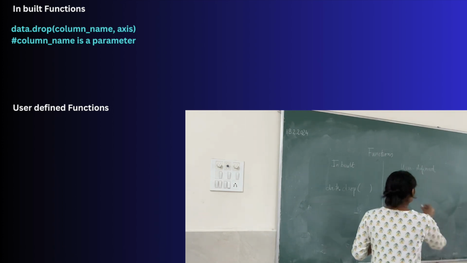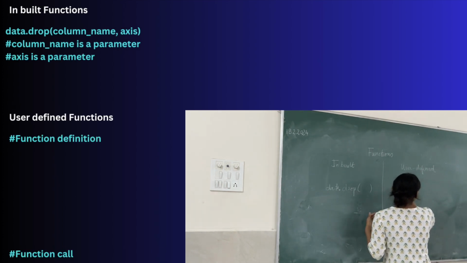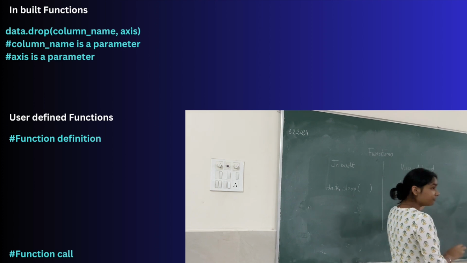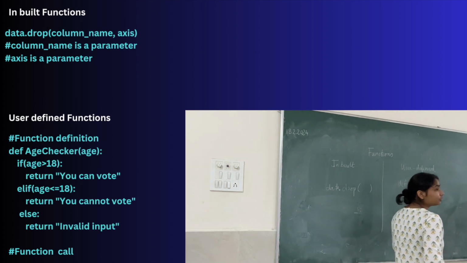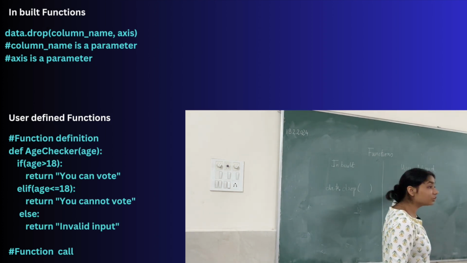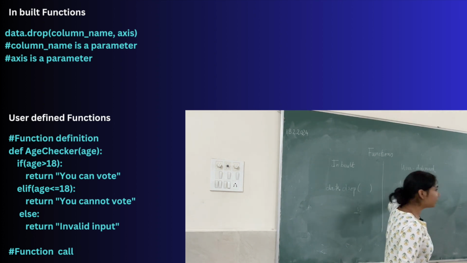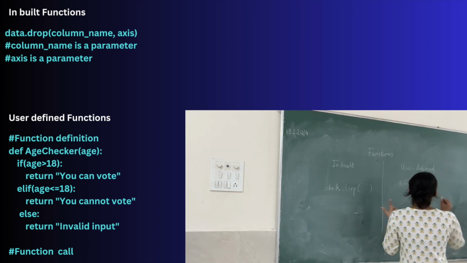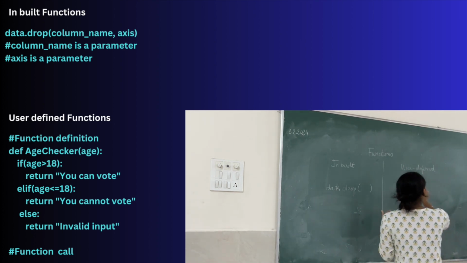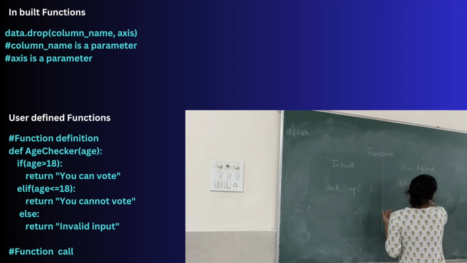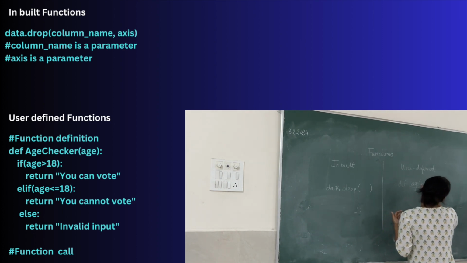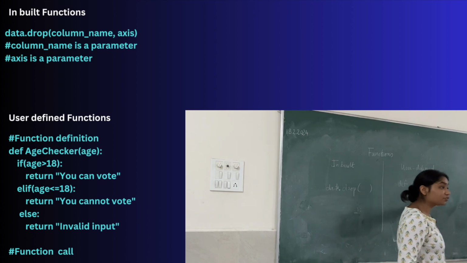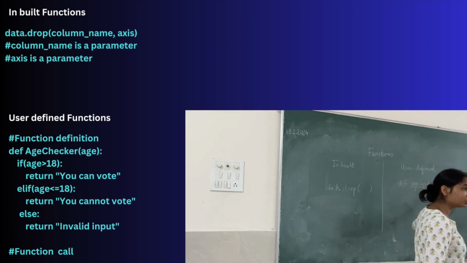The way to define a function is to use the keyword def and the name of your function. A function name is like a variable name; you can keep it whatever you want, but then you have to use the same thing again and again. For example, if my function is age checker, and it asks for your age, obviously it needs the age to function, right?